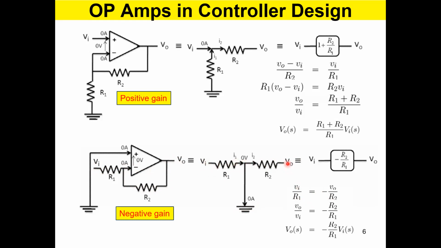So when you write it down, you have to write it in this direction, going from here to here. So when you simplify, V out is equal to minus R2 over R1 times Vi. So you amplify the signal, but with a negative sign. Okay.